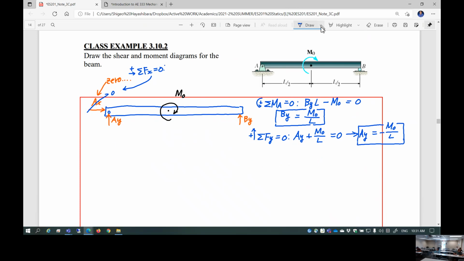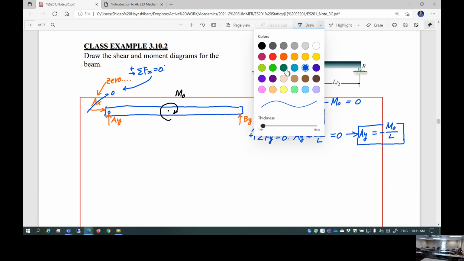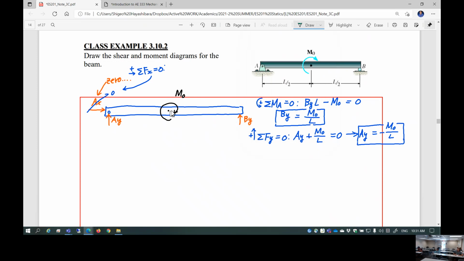Then again, interestingly, since you have only a point moment applied right in the center of the beam, you are going to expect probably uniform shear throughout the beam, because the external moment does not change anything of the shear. So you can almost draw straight out the shear, but let's just find out.